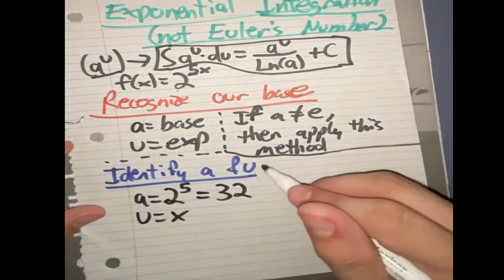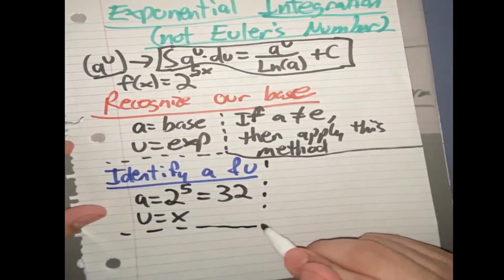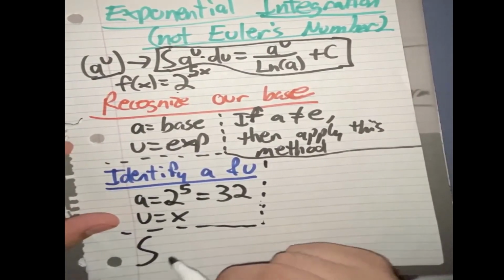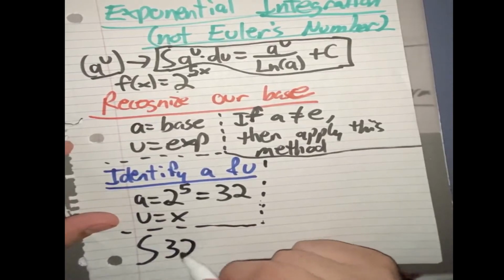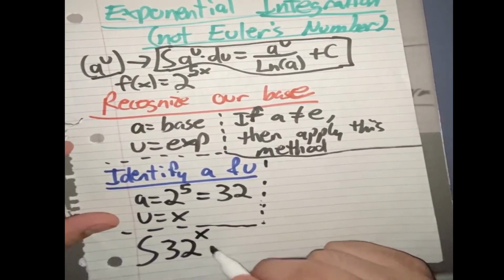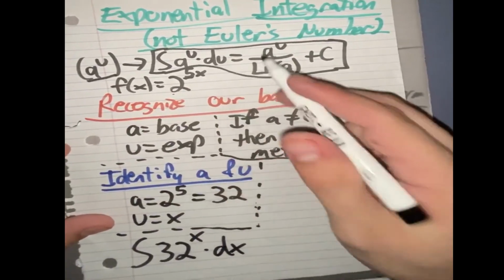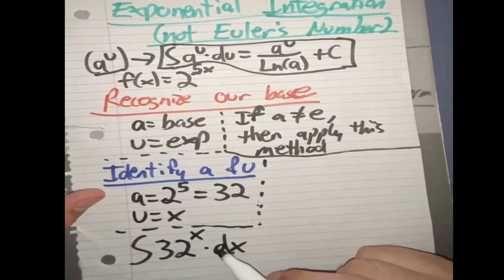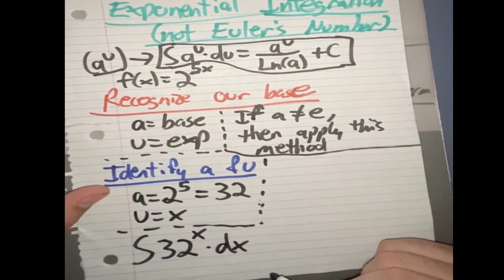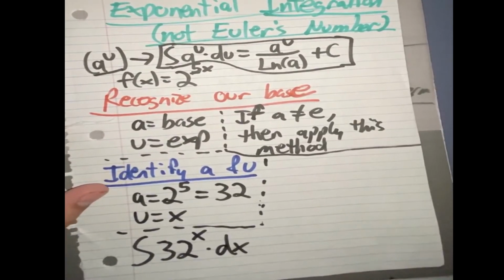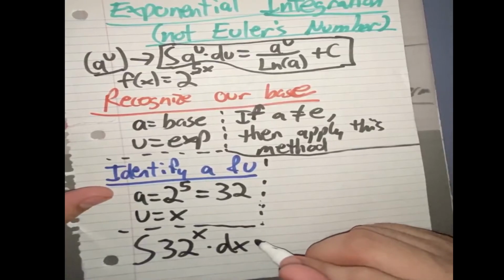So the integral we're actually trying to solve is 32 raised to the x dx, which is A raised to the U du.